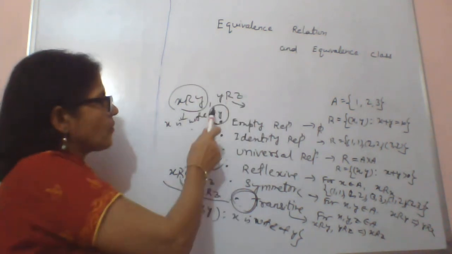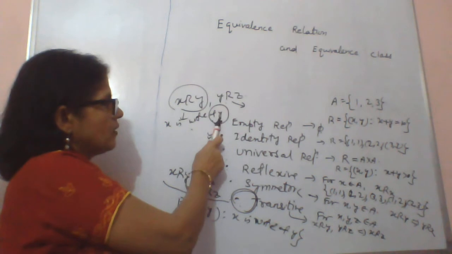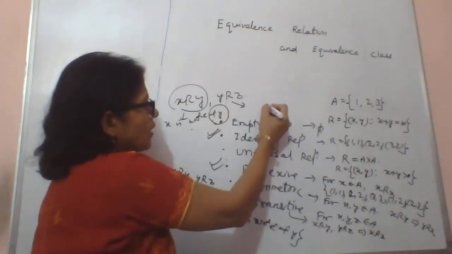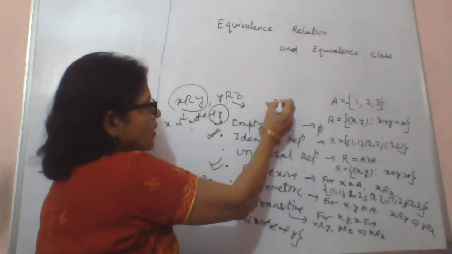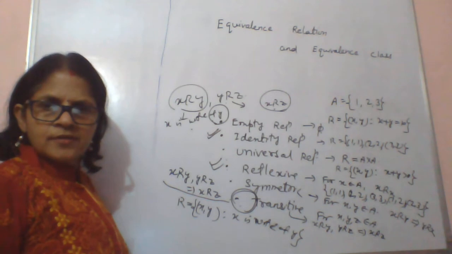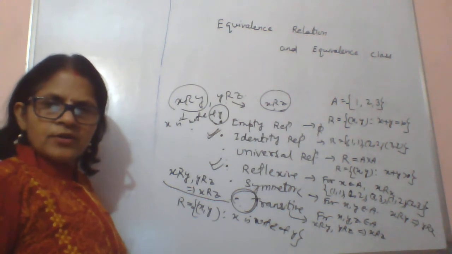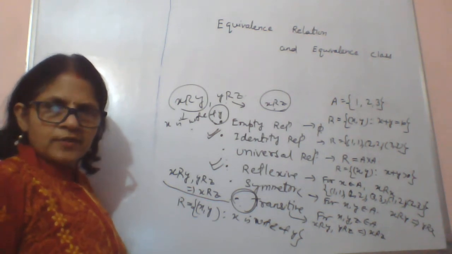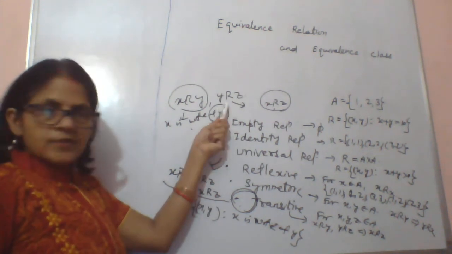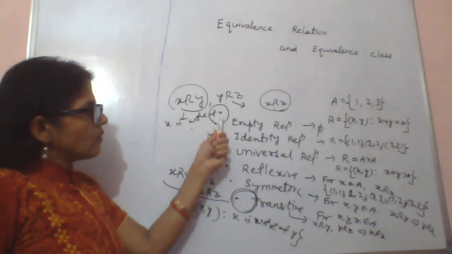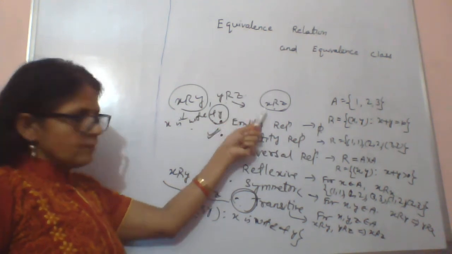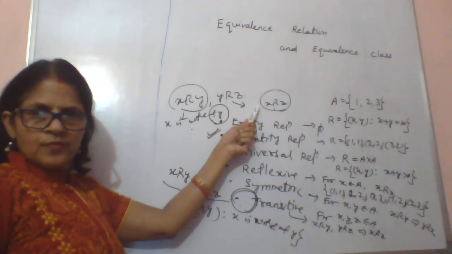With x wife of y, how can y be wife of z? So here we cannot establish x R z. It's not possible, which means it's not violating the condition of the transitive relation. When x is wife of y, y cannot be wife of z, so we cannot even reach the third stage to prove it.